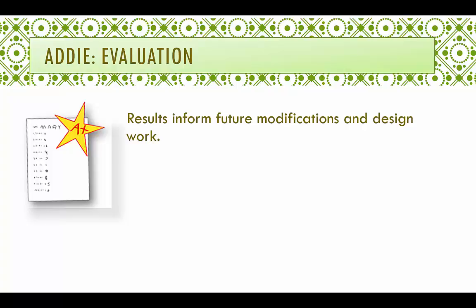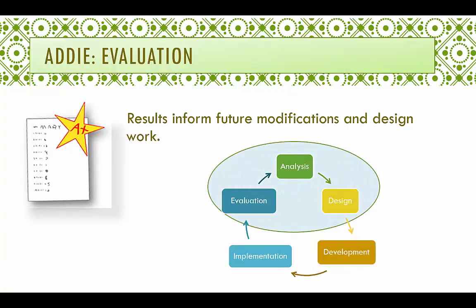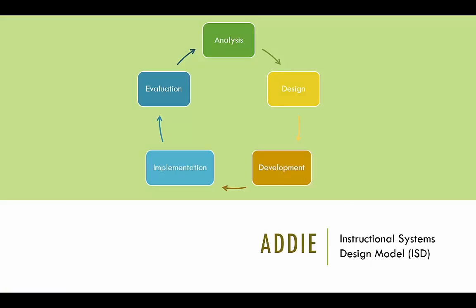Once the evaluation process is complete, it provides rich information to be fed back into the ADDIE cycle, and the design process begins again. ADDIE is an instructional systems design that is used by instructional designers all over the world. Although there are many other design methods that are used widely, the ADDIE model is a tried and tested process that results in reliable, quality instructional solutions.